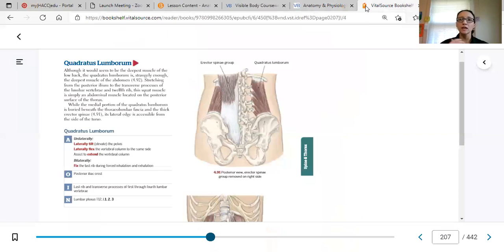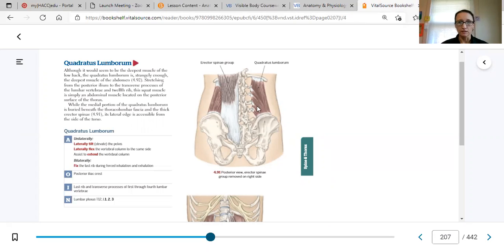Even though our book doesn't, it doesn't mean that that's not an attachment site if you see it written somewhere. It just means that the author of this particular book didn't feel like that was significant enough to add, okay? So all we have for testing purposes is the iliac crest as the origin, okay?